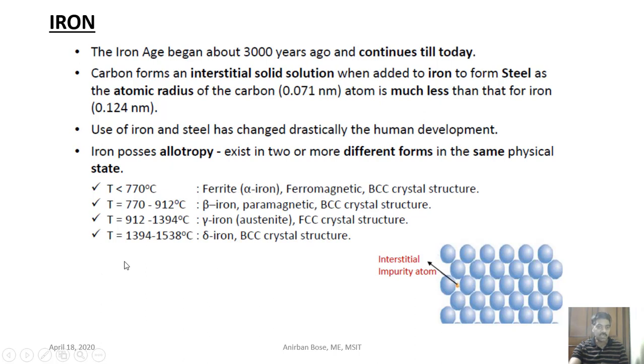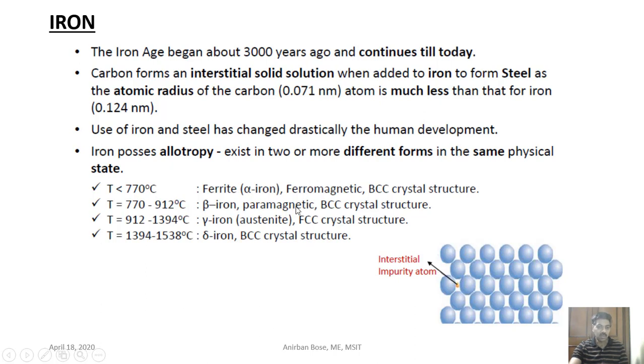You can see there are different allotropes of iron. Some of them you are very much familiar with, like alpha iron up to 770 degrees centigrade, which is ferromagnetic with a BCC crystal structure. Then from 770 to 912, probably we have not specifically mentioned in the phase diagram, is beta iron, which is paramagnetic.